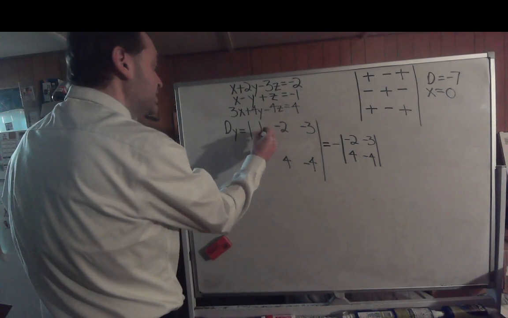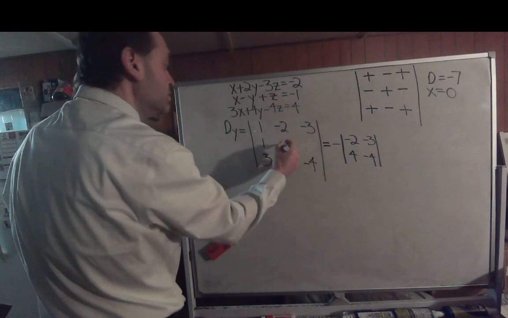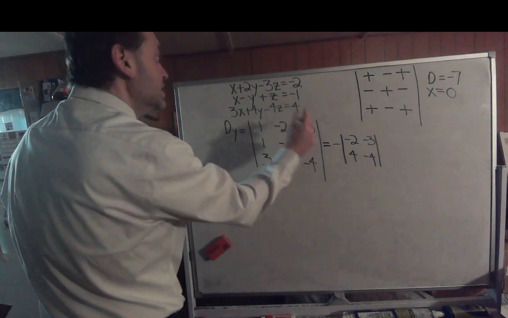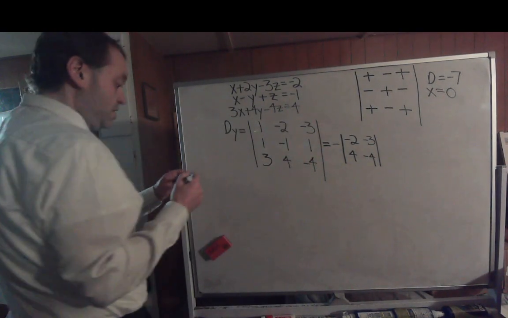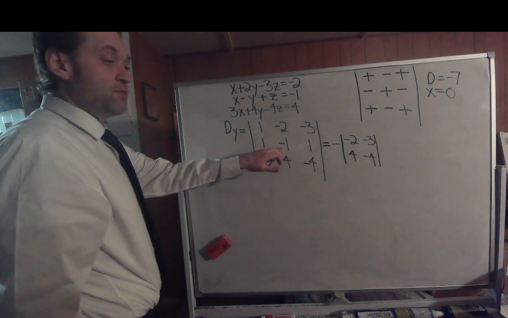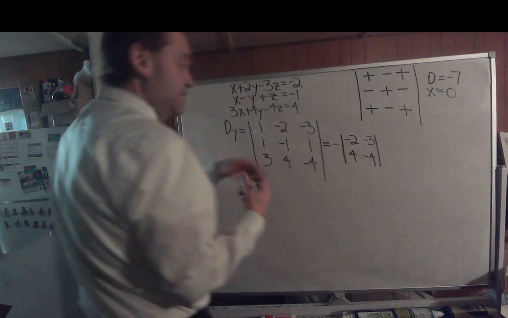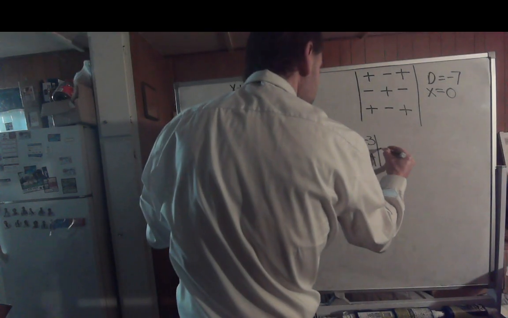Alright, x we left alone, 1, 1, and 3, and then let's see, -2, -1, -3, 1. Okay, there we go. Alright, second entry in the second row is a -1, and according to my coefficient matrix, I need to do positive -1, so that'll be minus another determinant.